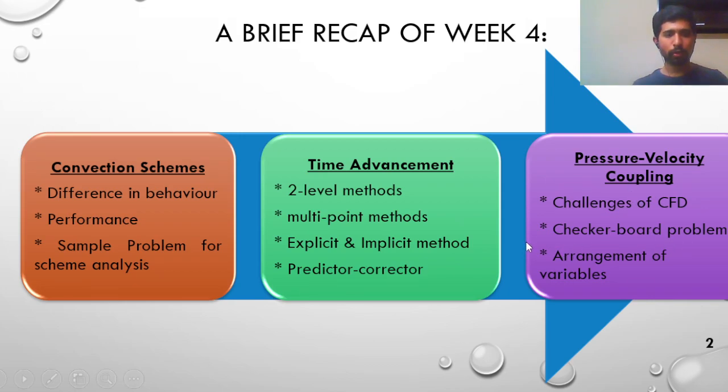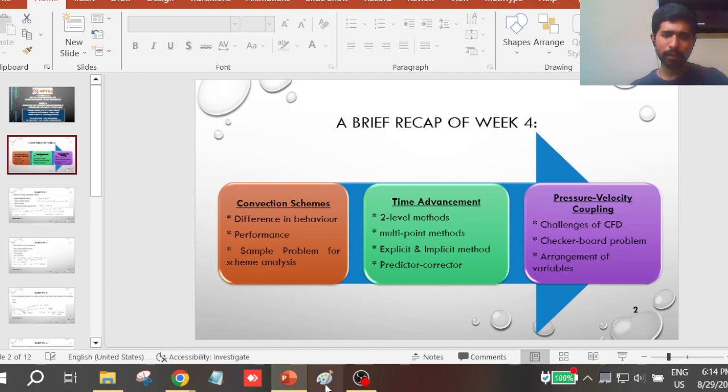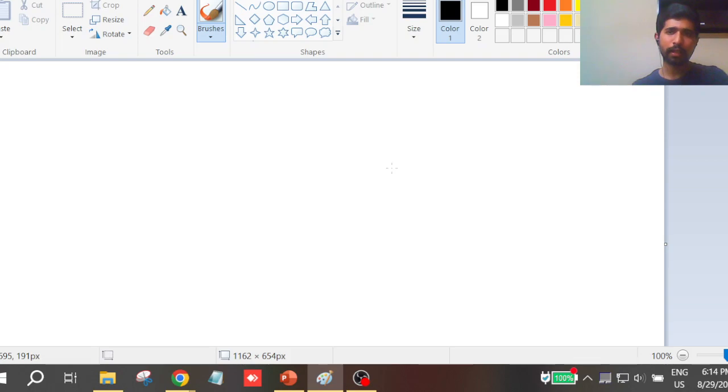The first thing you have to understand is that the convection diffusion equation is very common, and mainly it is encountered in the momentum equation of CFD. In general it can be written in integral form as an advection term and a diffusion term.